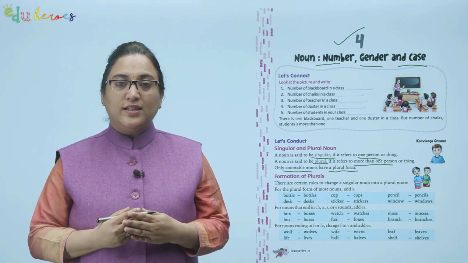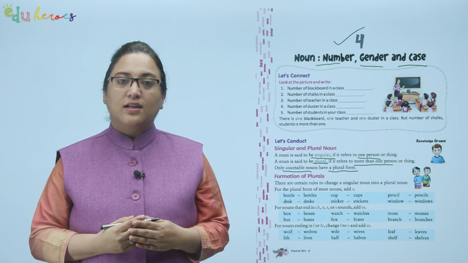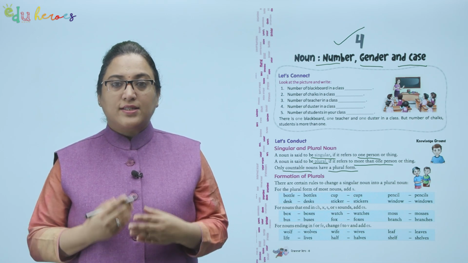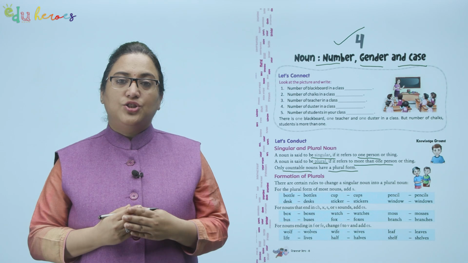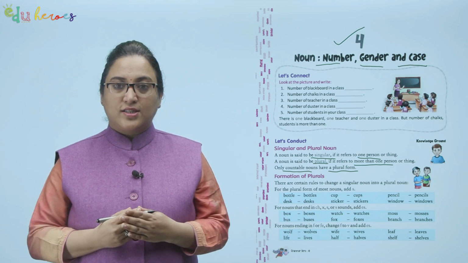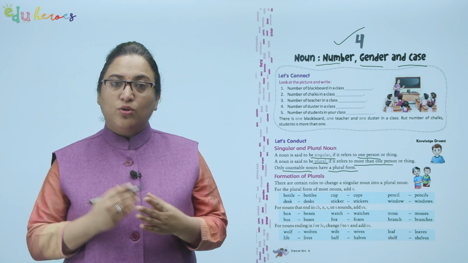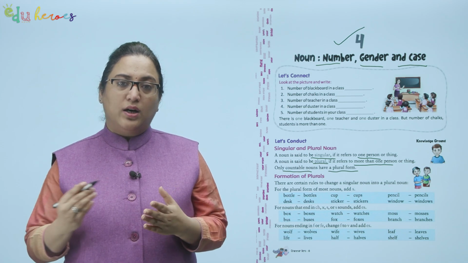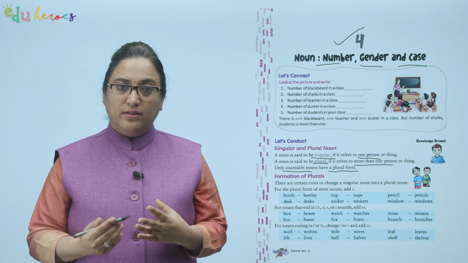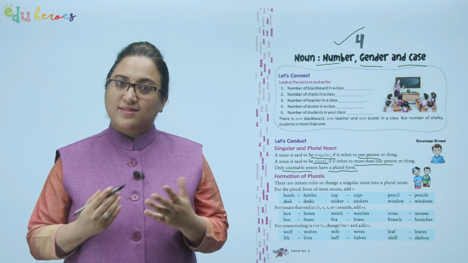For nouns that end in ch, x, s or s sounds, we add just es. So this is another different category. Observe closely that in each word, what is it ending with? X, ch or s.